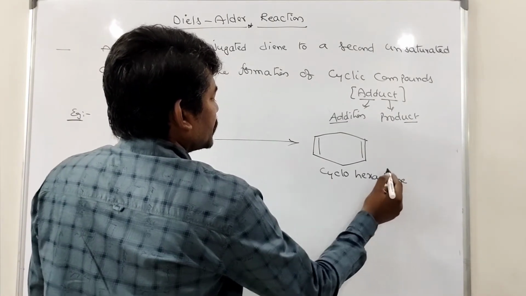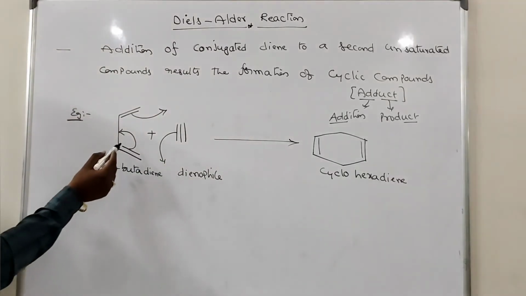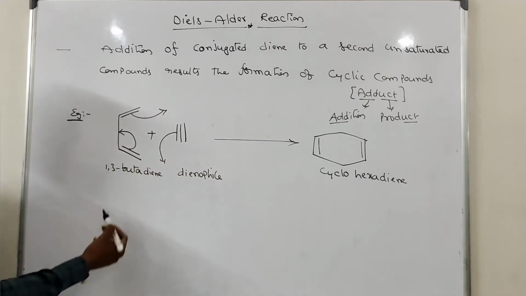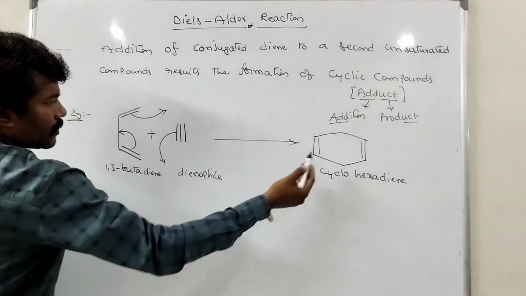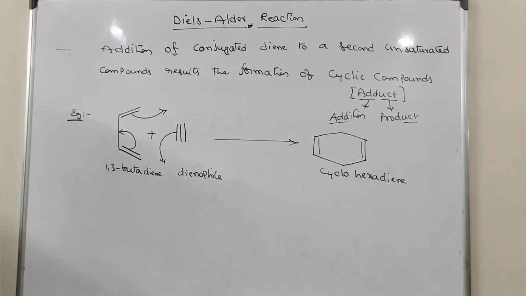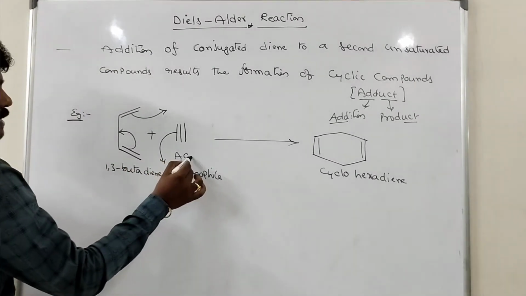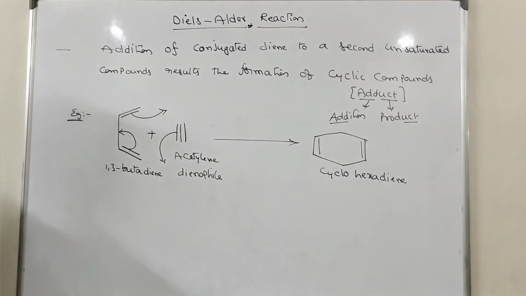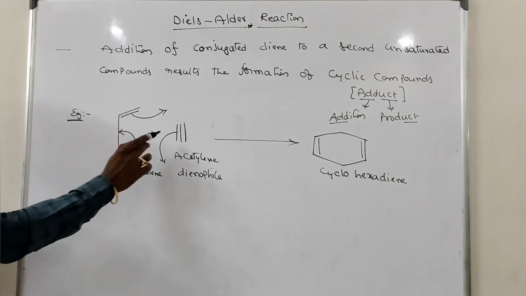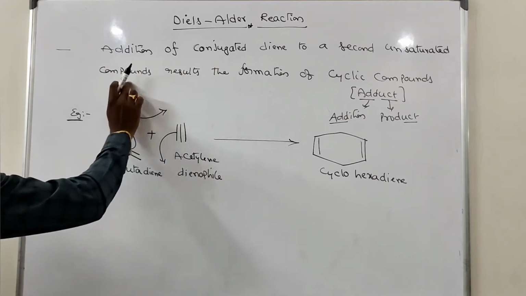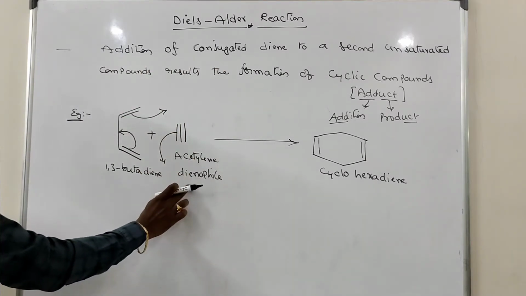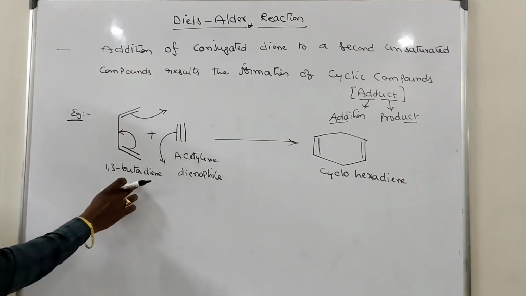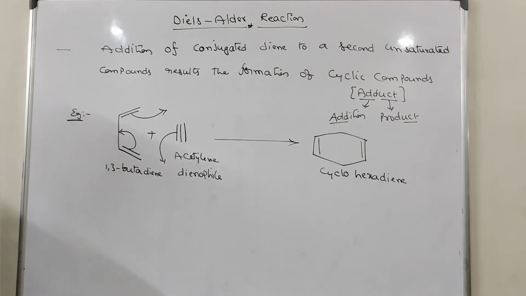Cyclohexadiene formation takes place. In 1,3-butadiene, electron shifts like this. One of the pi bonds' electrons like this. We get cyclohexadiene. So alkenes and alkynes, the second unsaturated compounds, which are nothing but dienophiles, react with conjugated dienes.